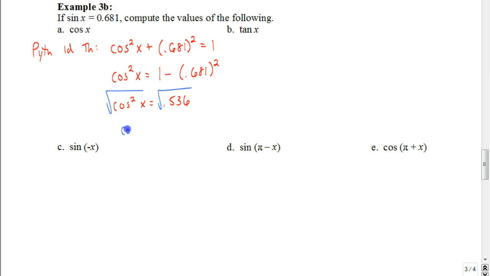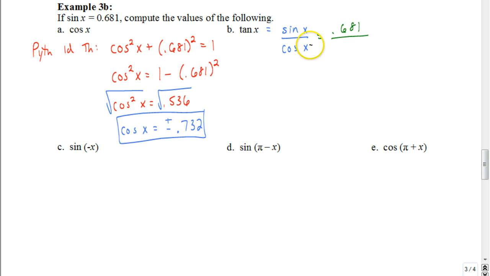And now, again, since I don't know the angle measurement, it's in general terms, I need to remember that I'm going to have two solutions. The square root of 0.536 ends up being 0.732, but it'll be plus or minus 0.732. Would be my answer. Now to find the tangent of x, remember, from the previous lesson, it is found by taking the sine of x divided by the cosine of x. Well, they gave us the sine of x is 0.681, and there's two possible solutions for the cosine.